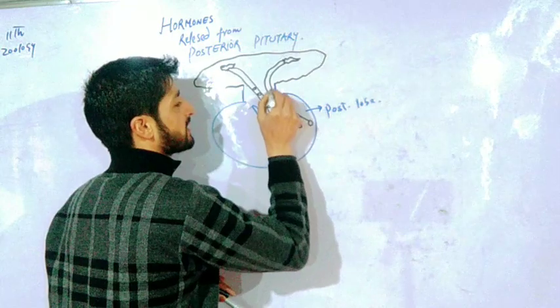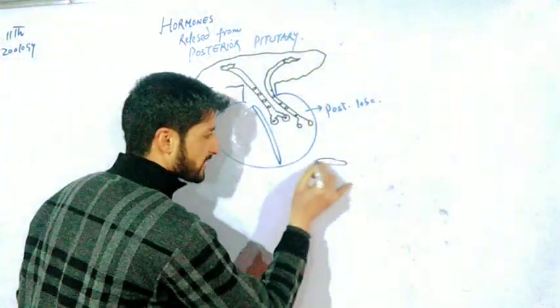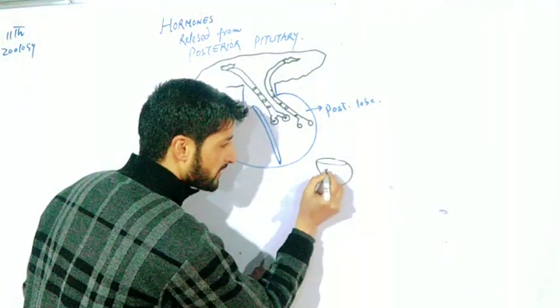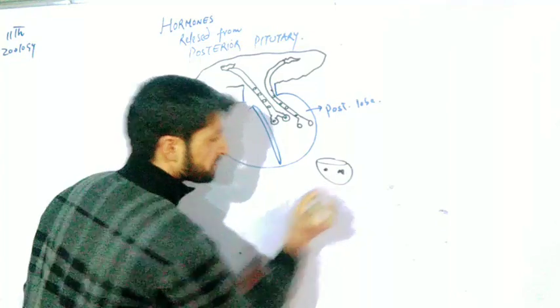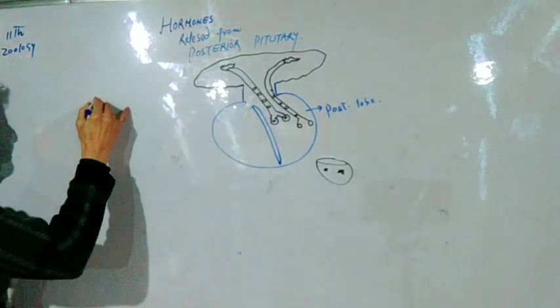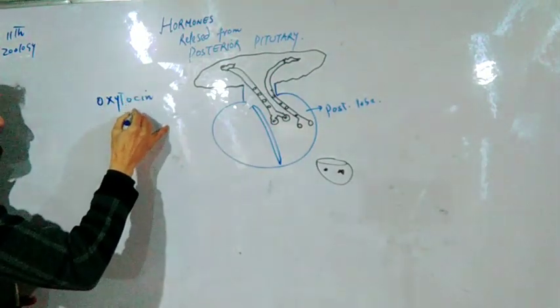Hormones are actually stored in these Herring's bodies. Let us suppose this is a Herring's body, and in these Herring's bodies two special types of hormones are stored. The first hormone we discussed was oxytocin and the second hormone was vasopressin.